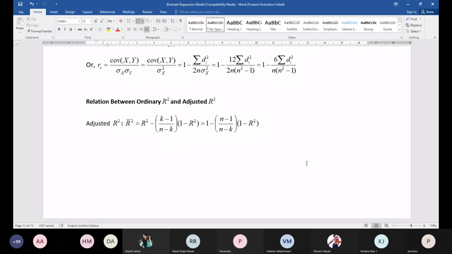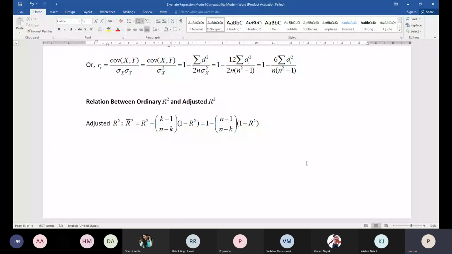So the estimators would be unbiased. On the other hand, if I add unnecessary variables, what we discussed in yesterday's class, I may have the problem of multicollinearity.